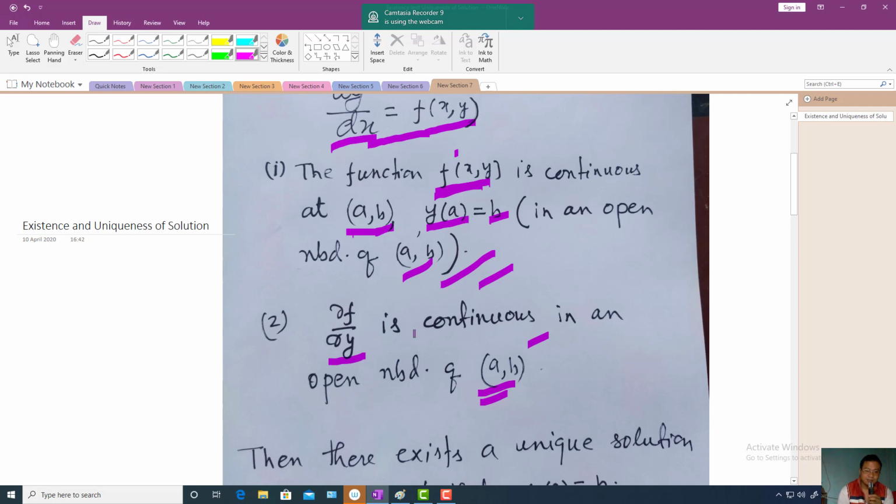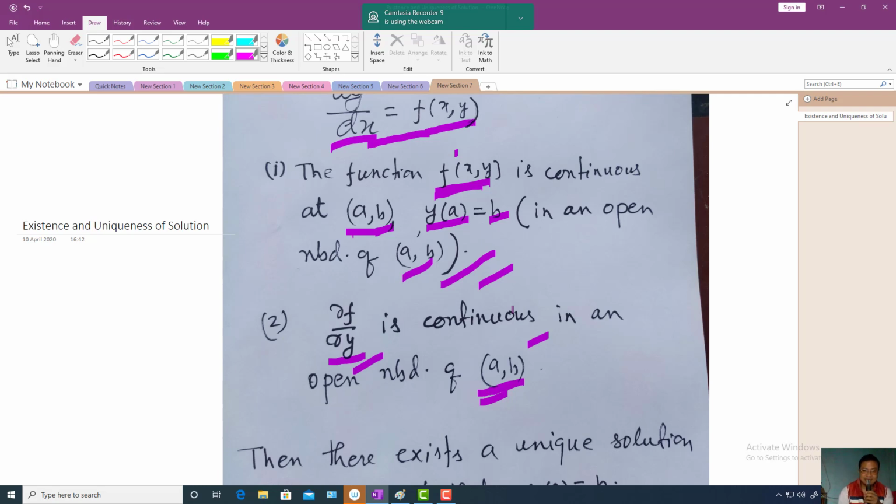Again, if the partial derivative is not continuous at this point, there may be many solutions, there may not be any solution, or there may be infinitely many solutions, or there may be two solutions, something like that. So nothing is mentioned about when the given differential equation fails this condition. The theorem says that if the given differential equation fulfills these two conditions, then there exists one and only one solution passing through the point (a, b).